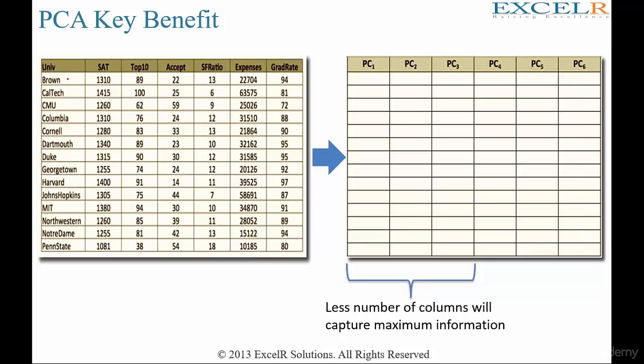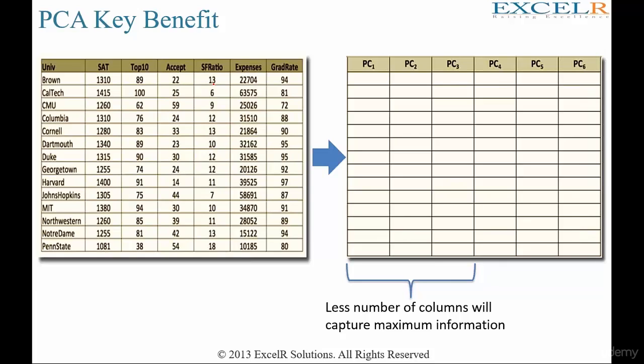Students who applied to this, for example, Brown University, 89% of the students who have applied were in top 10 ranking when it comes to their intermediate or school days, plus 2, etc. Out of 100 applications, 22 people get admitted to Brown University. That is what is your acceptance ratio.